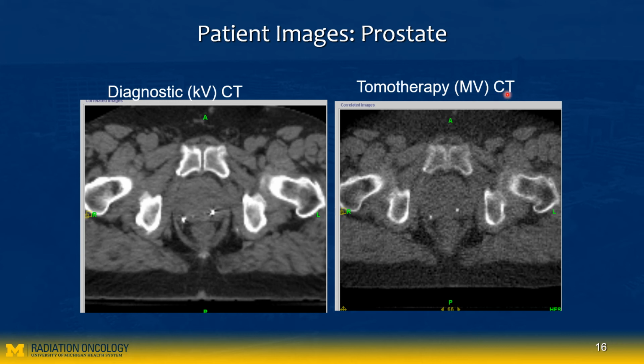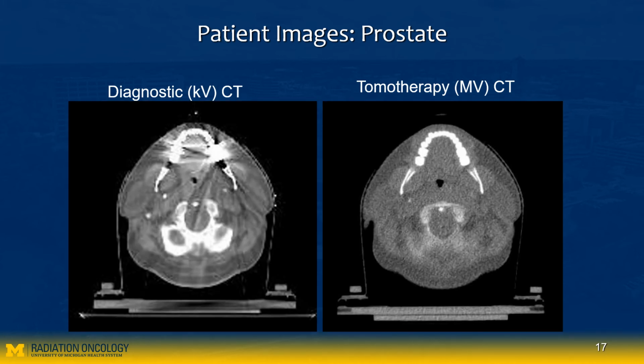However, in megavoltage CT, because it's a higher voltage range, you have less photoelectric effect, and you have a nice image of the metal implant. Here's another example of MVCT versus kVCT. In kilovoltage CT, as we learned, you have some artifact from the dental filling, and you do not have that at all in megavoltage CT.